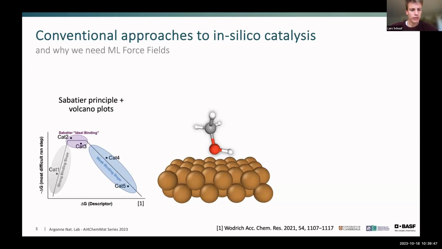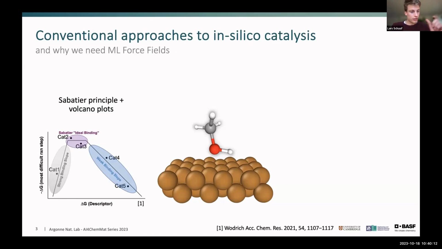What these volcano plots illustrate is the Sabatier principle: a good catalyst is one that binds quite strongly to a surface such that reactions can occur, that bonds can break, but at the same time doesn't bind too strongly, such that the product can escape the surface at the end and doesn't end up crowding the surface and poisoning it.